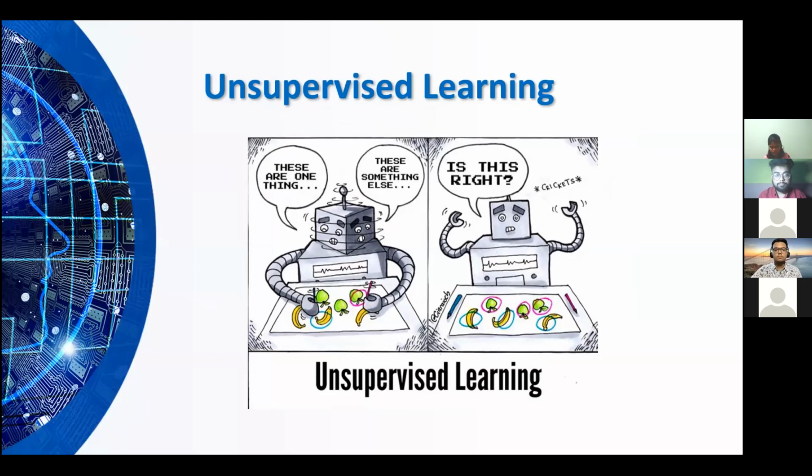If it looks like an apple, it will arrange apples in one corner and bananas in another corner. It will not understand what these apples and bananas are, but based on their features, it distinguishes the data. So this is what unsupervised learning is.